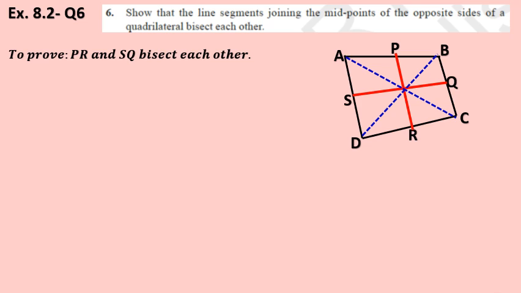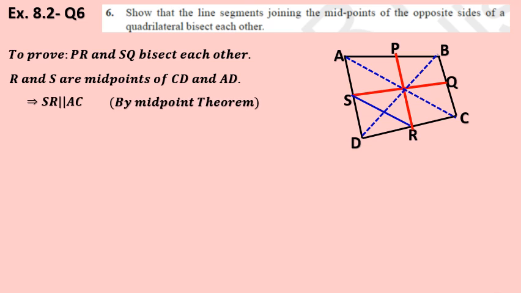So, let us draw the diagonals AC and BD. Now, R and S are midpoints of CD and AD. Therefore, SR parallel AC by midpoint theorem.